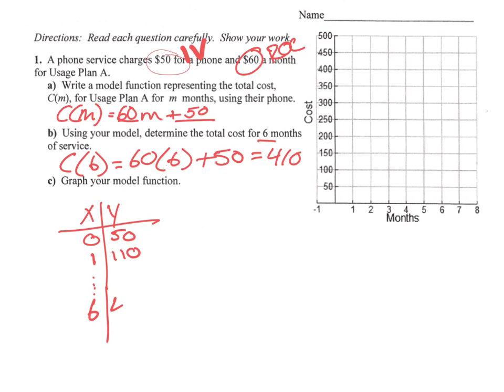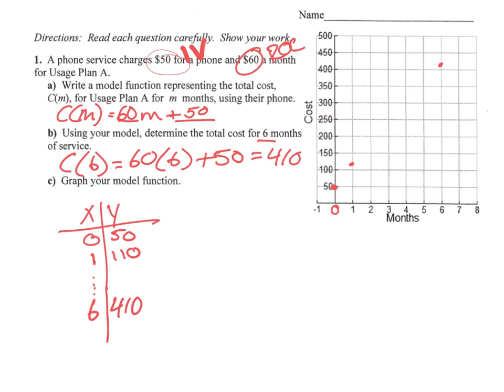We said 410. So now I have these points that I can plot on this graph. At 0, I paid 50. At 1, I paid 110. And at 6, I paid 410.